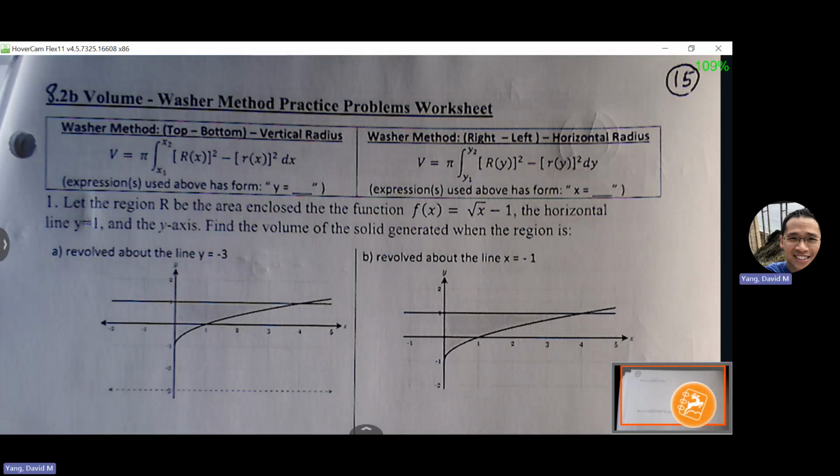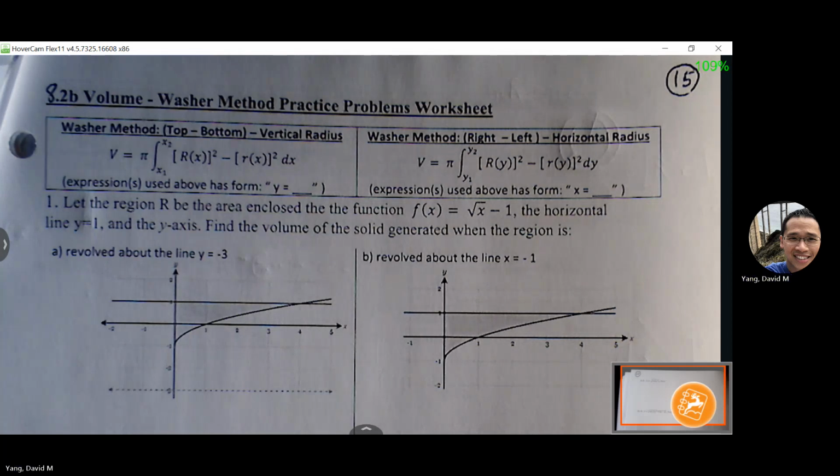Keys attached, so you can always check your progress, but I also want to see if you're comfortable with drawing your radius, identifying if it is a disc or washer, and then finding your bounds, either by hand or using a calculator.